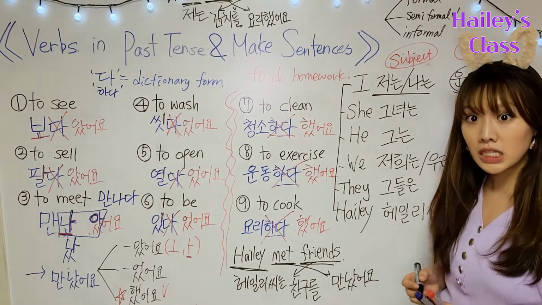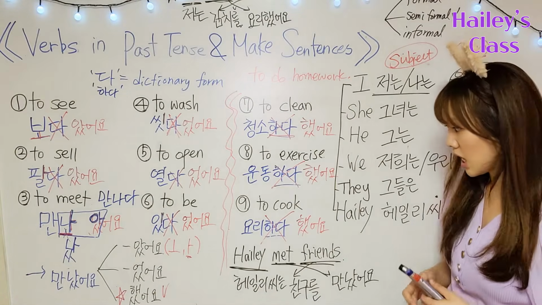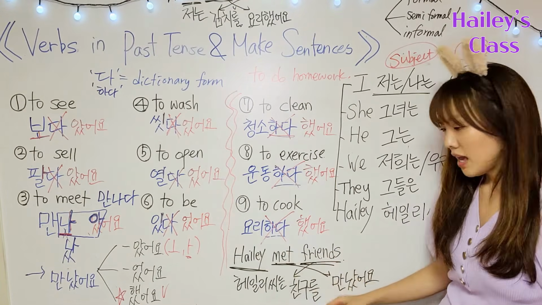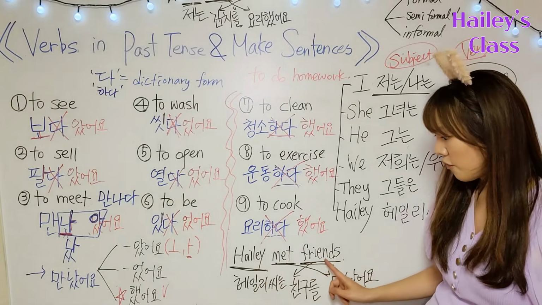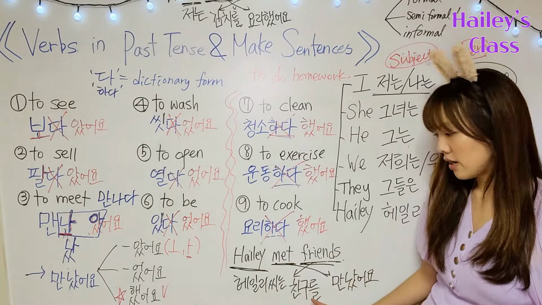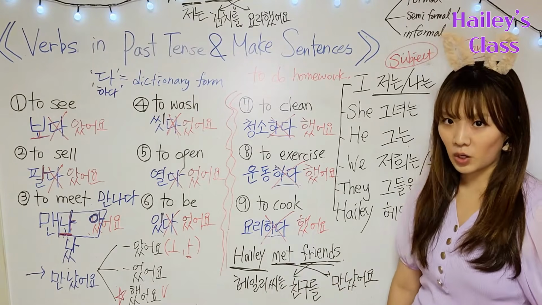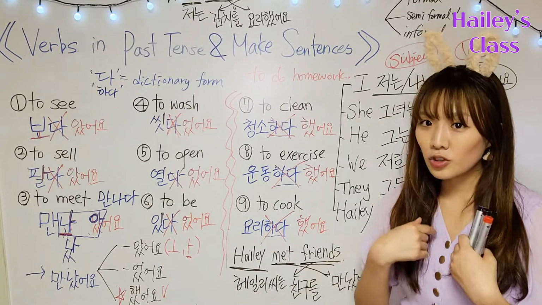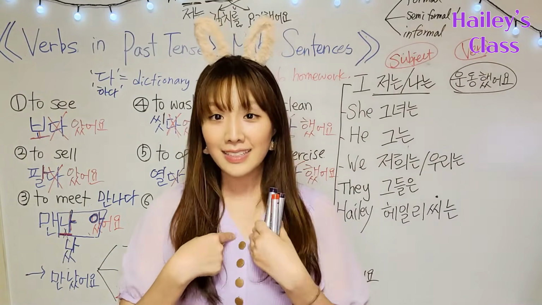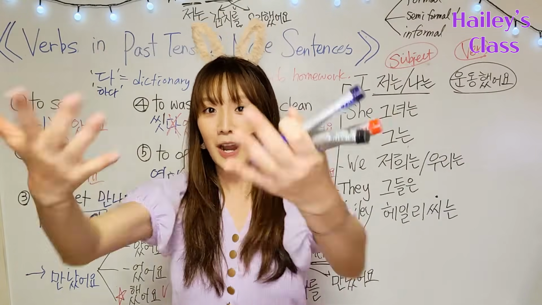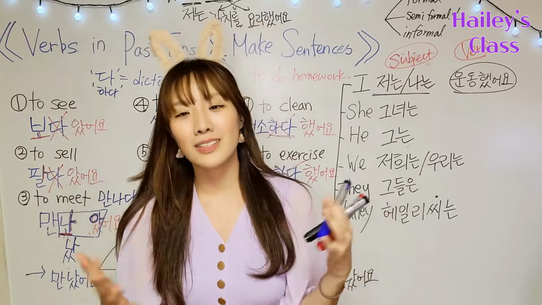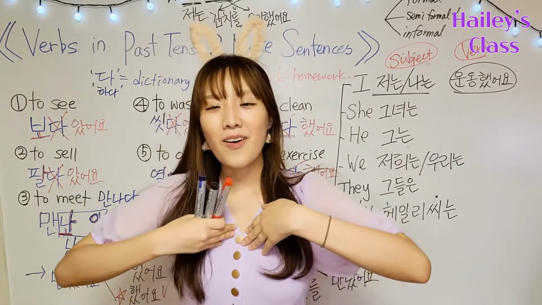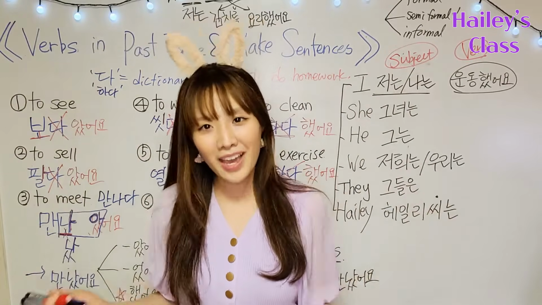So you make a sentence. Hailey met friends. So Hailey 씨는 friends 친구를 met 만났어요. Hailey 씨는 친구를 만났어요. So I'm very happy. 그래서 행복해요.